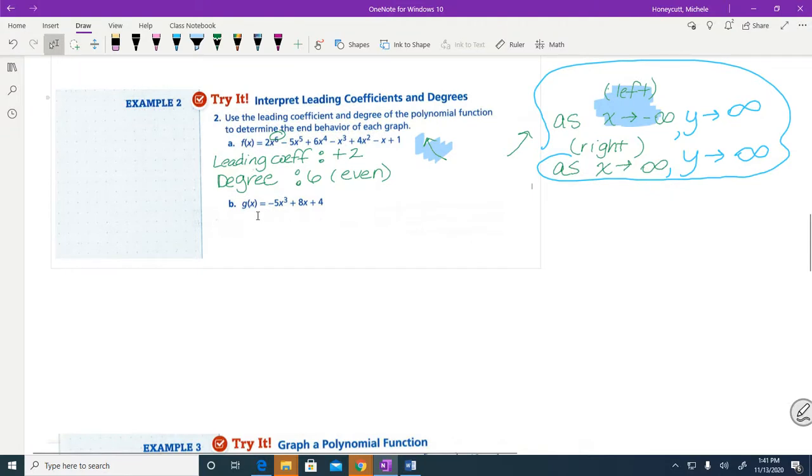Let's go ahead and look at this one as well. Leading coefficient for part B is negative 5, and the degree is odd because the degree would be 3. So I have a negative leading coefficient and an odd degree.